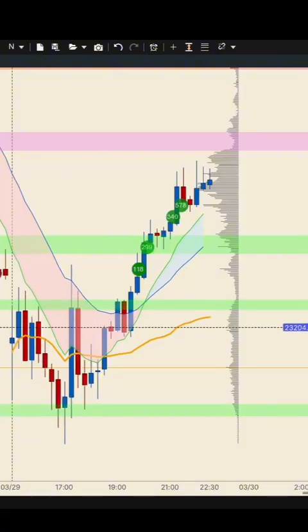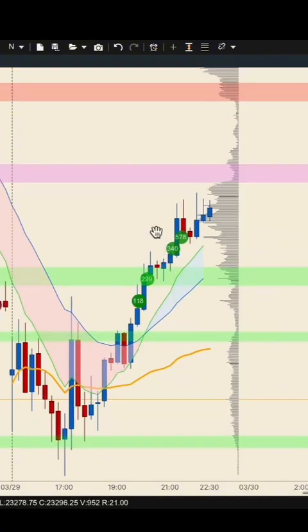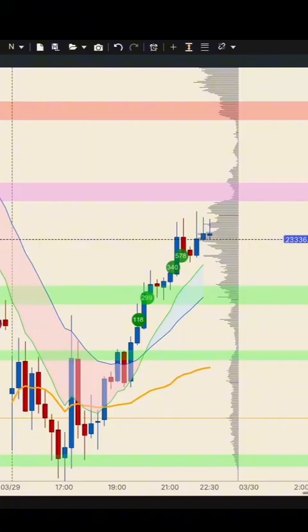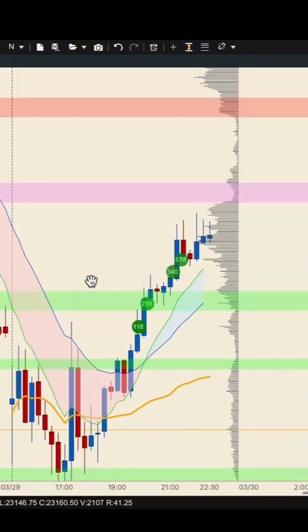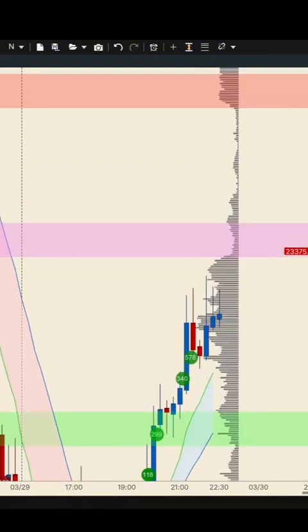We see the shelf. We see how the volume tapers off from this high volume node, and we're near that value area high. Although that'll probably change by the time we get to New York, because right now it's still 1:38 New York time.